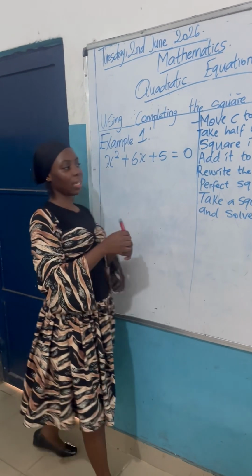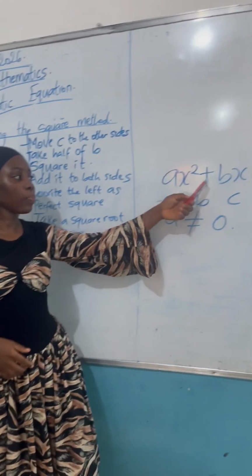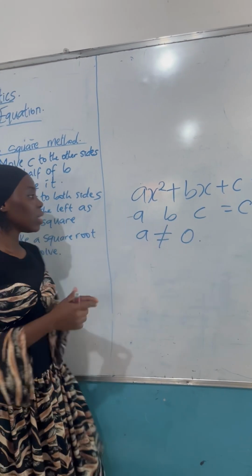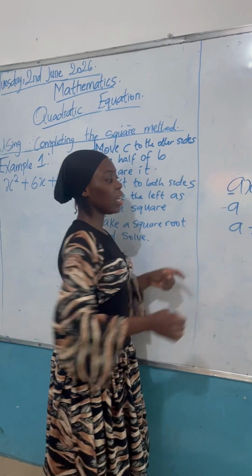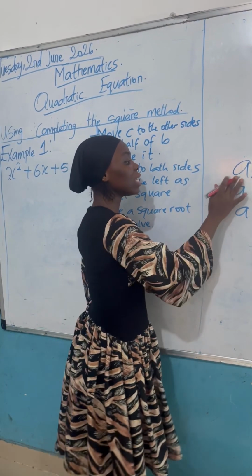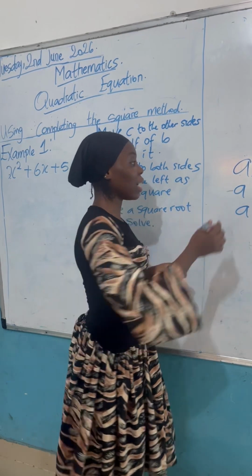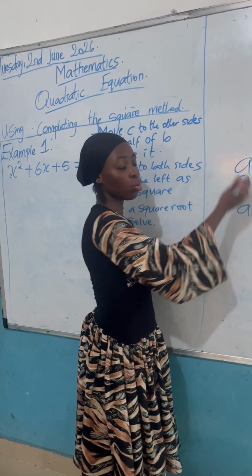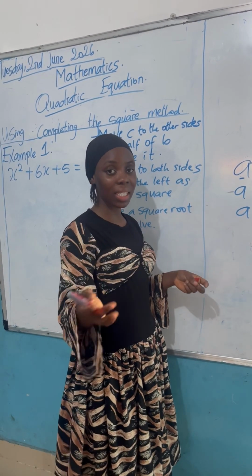Now, like I said, it is written as ax squared plus bx plus c. This a is the same thing as 1. But there are some examples where we can have more than 1 here, maybe 2, 4, 6, 8, and so on.